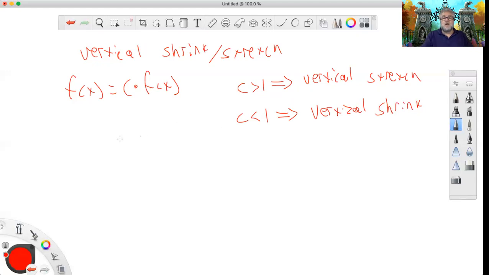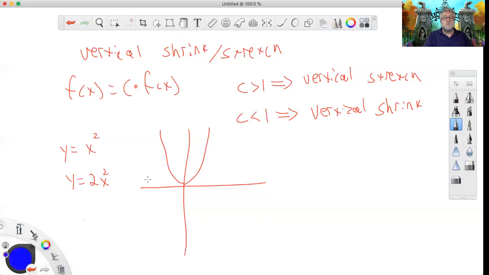Okay, so if I have a function y equals x squared, and I want to figure out what is y equals 2x squared, well, here's y equals x squared. Y equals 2x squared. I'm going to take this point and move it up 2 times higher. I'll take this point and move it up 2 times higher. So it's going to become a thing like this.